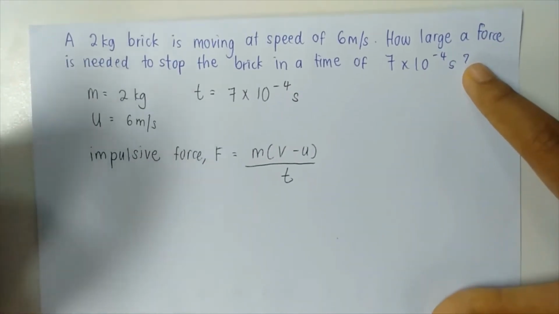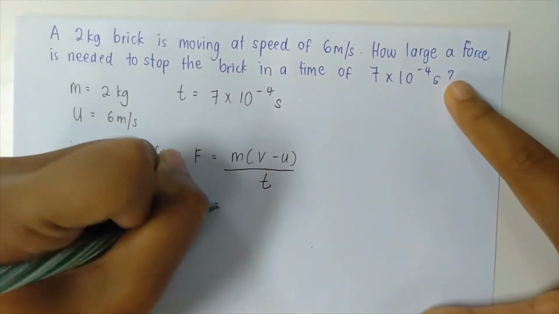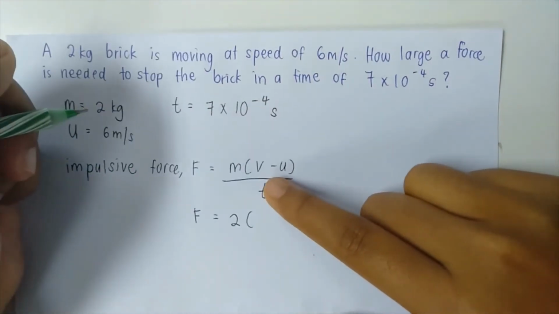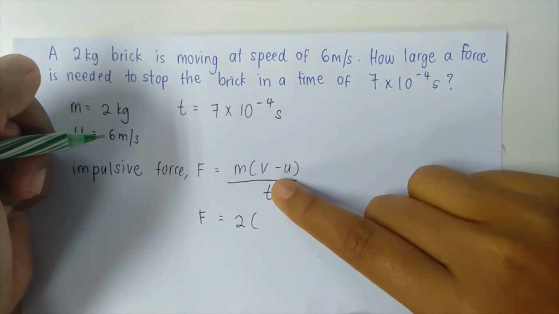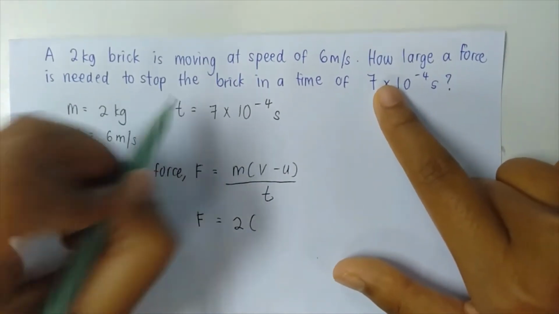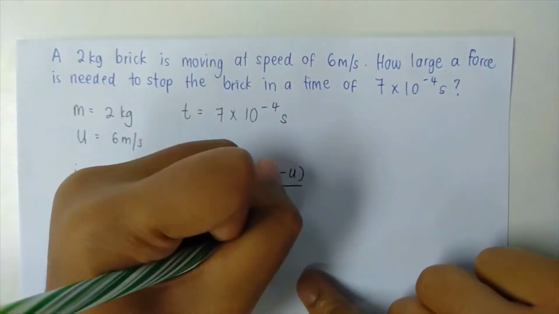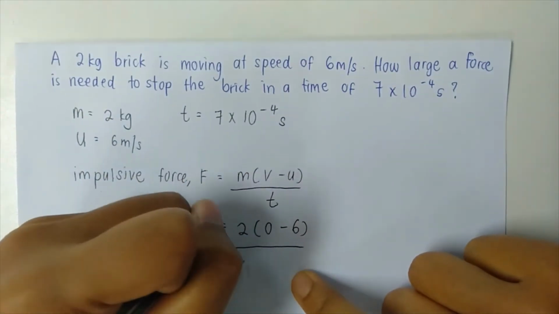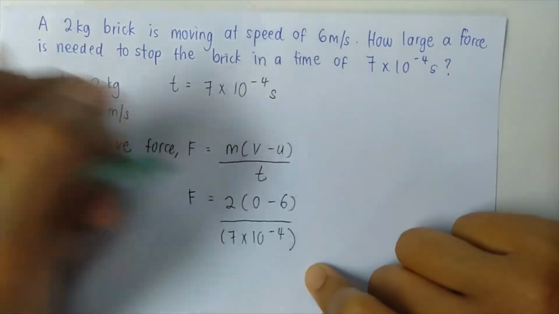Now we key into the formula. So F equals to, the mass is 2 kg, v is 0 because the brick will stop. So 0 minus the initial velocity is 6, over the time is 7 times 10 power negative 4 seconds.